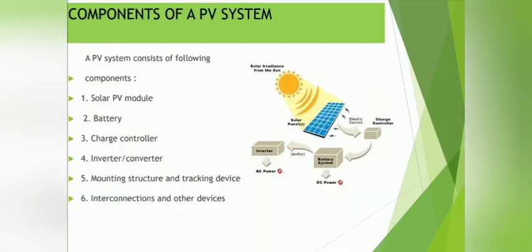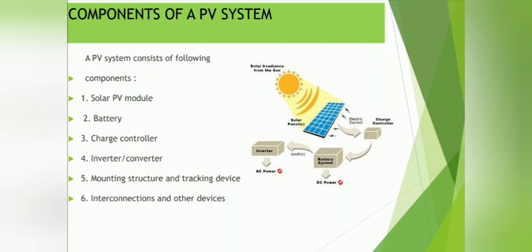After that, the components of a photovoltaic system. It consists of the following components: first the solar PV module, then the battery, charge controller, inverter or converter, a mounting structure and tracking device, and interconnections and other devices. As you can see in this figure, solar irradiance, the radiation coming from the sun, falls directly on the solar panel.